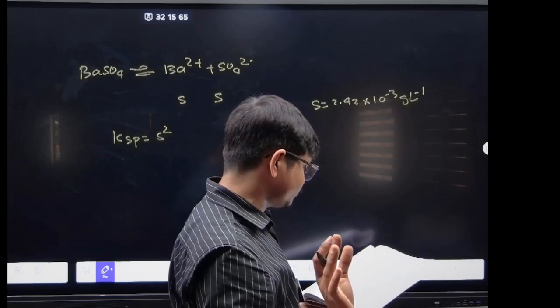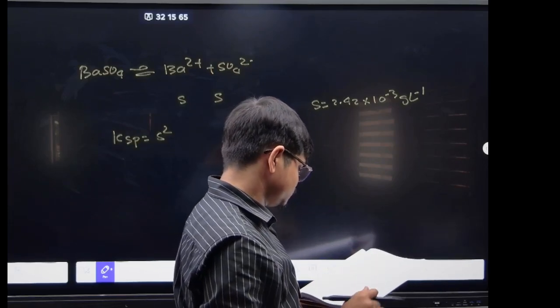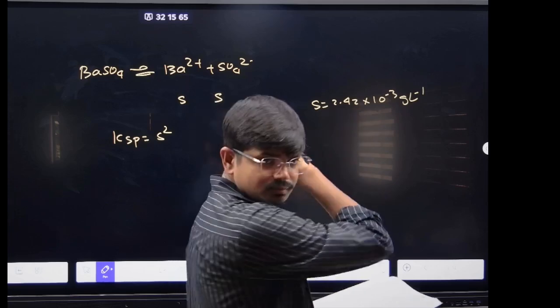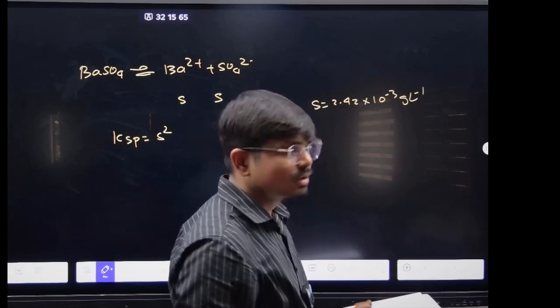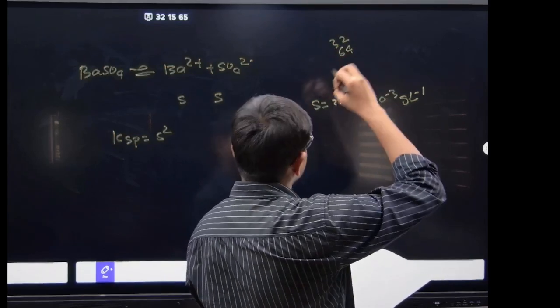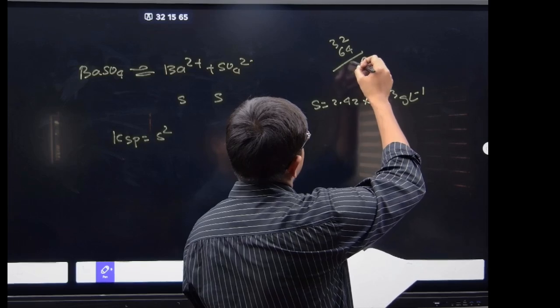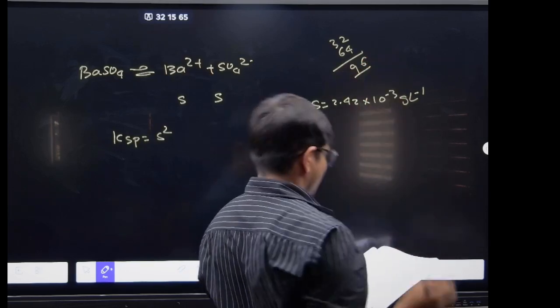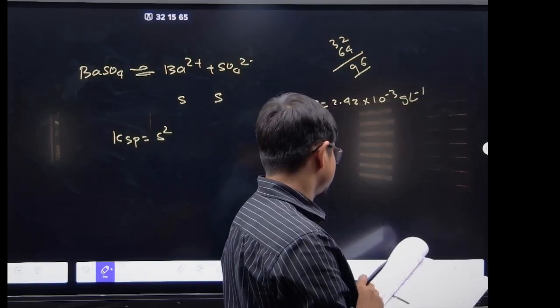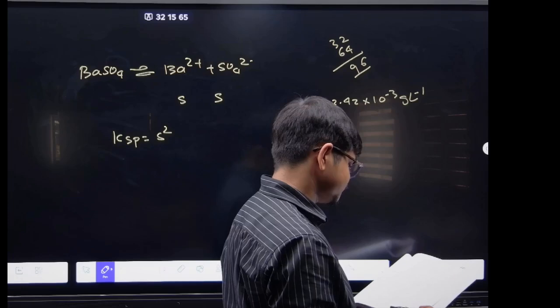What is the molar mass for this one? The molar mass for this one will be around 233. BaSO4, how much will it come? S is 32, 64, then 4 sixes are 24, 6 and 3 are 9, 96, and the barium is also very high. Got it?